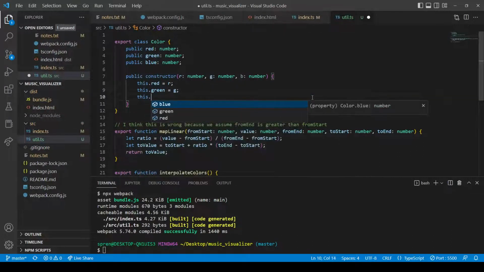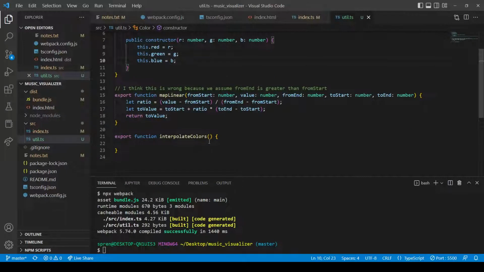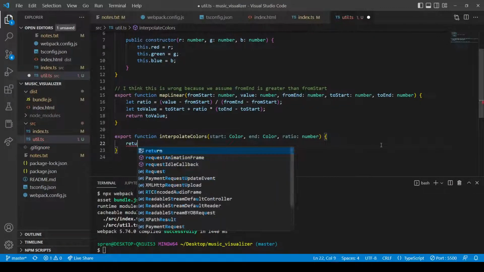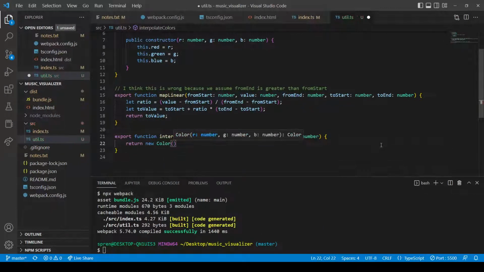This is probably exactly how I wrote my last color class. Would not surprise me if this was an exact copy. Okay.